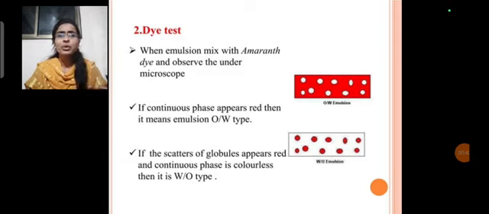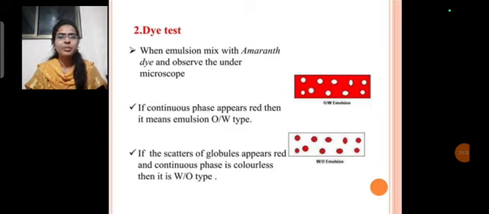Therefore, if the continuous phase appears red, see the diagram, then it is an O/W type of emulsion, meaning water absorbed the dye. And second, if the scattered globules, or disperse globules, appear red and the continuous phase is colorless, then it is a W/O type of emulsion.